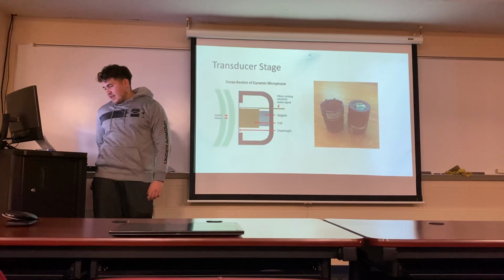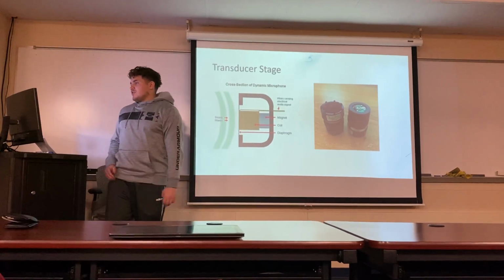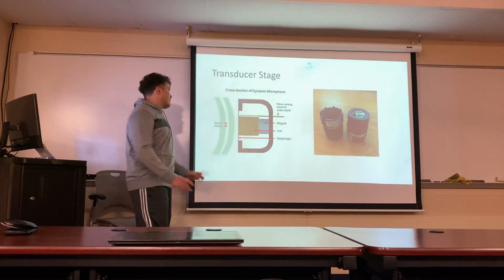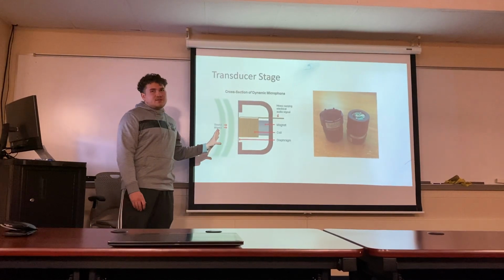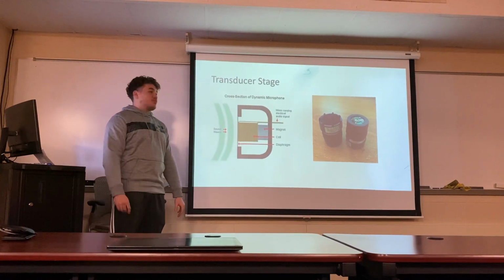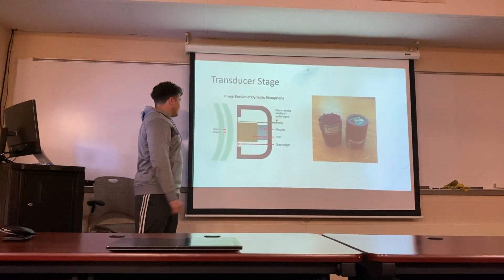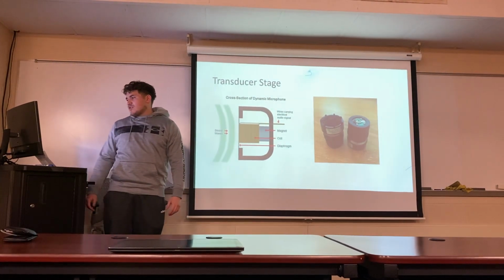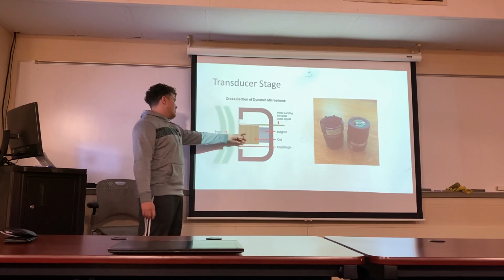So transducer stage. Basically the way the audio microphone works is it converts the mechanical energy from sound waves and transforms it into an AC electrical signal. The way this works is you have your coil, you have your diaphragm, and your magnet.